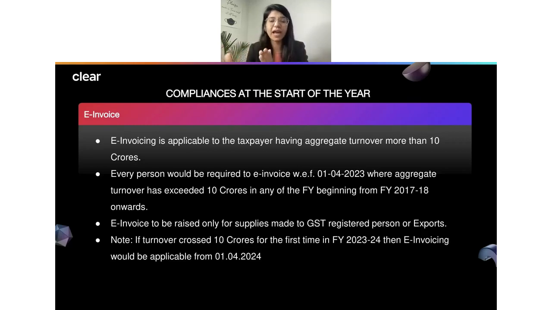If you remove those, for other entities, if your aggregate turnover at a PAN level exceeds 10 crore, then e-invoicing is applicable. Now the point is, how does this become relevant for the start of the year?